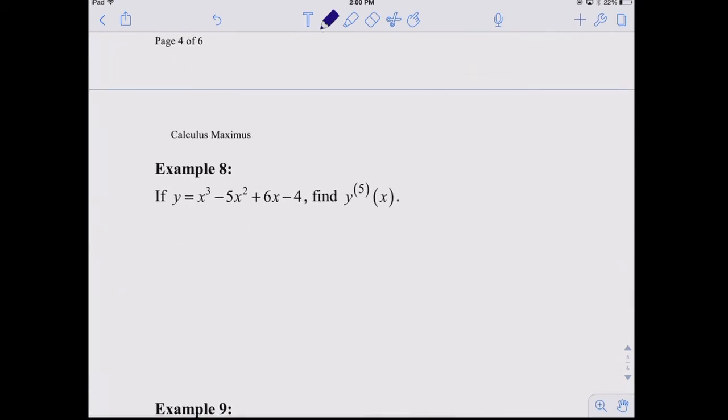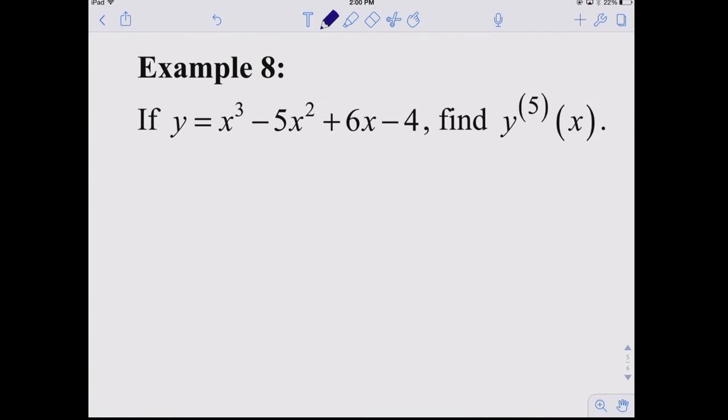All right, let's look at example 8. It says if y equals x cubed minus 5x squared plus 6x minus 4, find what the heck? What does that mean? The fifth derivative, yeah. It's not the function to the fifth power.